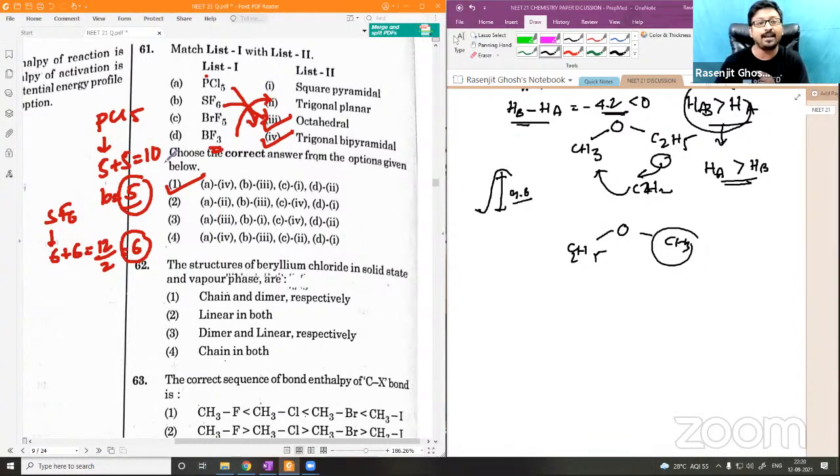The structure of beryllium chloride in solid state and vapor phase are. Now, beryllium chloride, this is a very important thing. Beryllium is a diagonal element with aluminium. So like aluminium, beryllium also, using the diagonal relationship, forms a dimer. How?